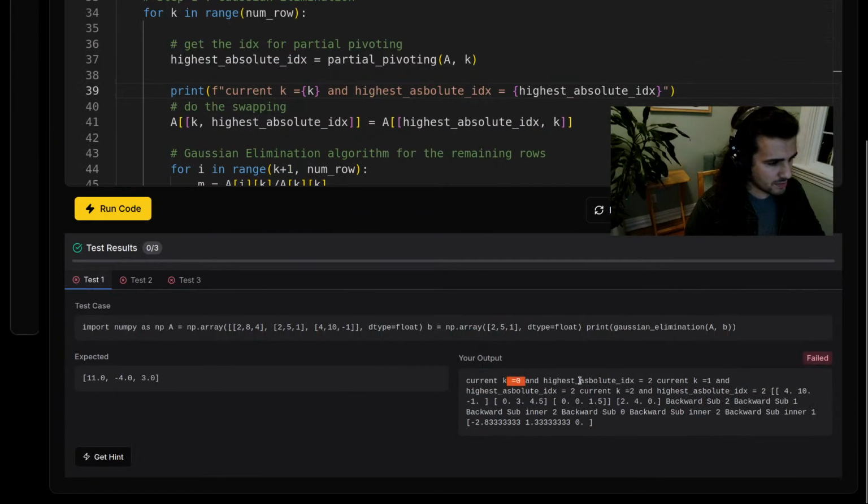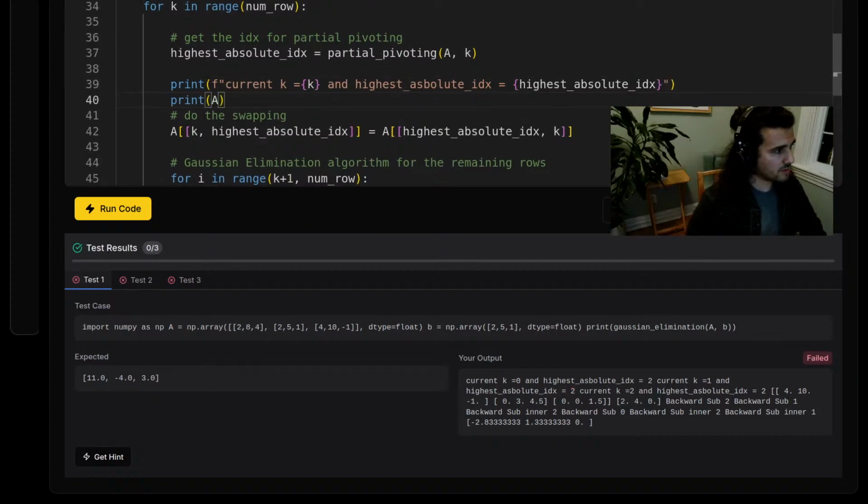Okay, so 0 and it says 2. This should make sense. Then 1 and then we're saying 2 still. So wait, I'll need to print it.